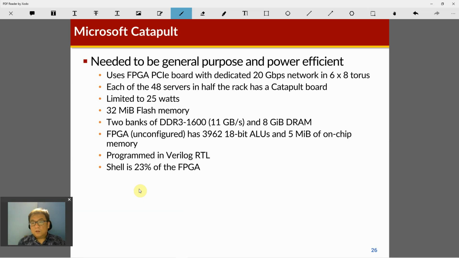This is the structure and topology of the Catapult, and you can find the detailed topology in the paper. This Catapult was presented at the ISCA conference, I believe. But the Catapult is just an FPGA-based domain-specific architecture.